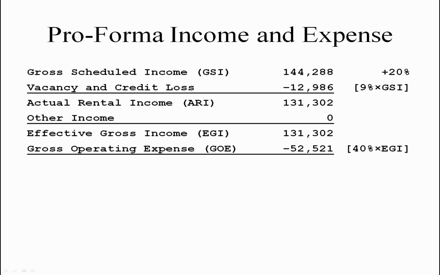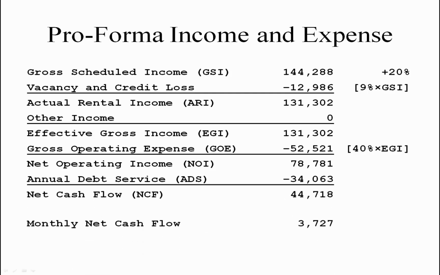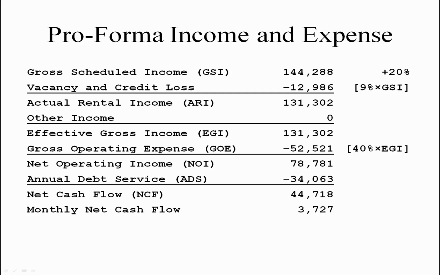Gross operating expense at 40% of effective gross income. Net operating income. Annual debt service. Net cash flow. Monthly net cash flow. Debt coverage ratio is now 2.31.